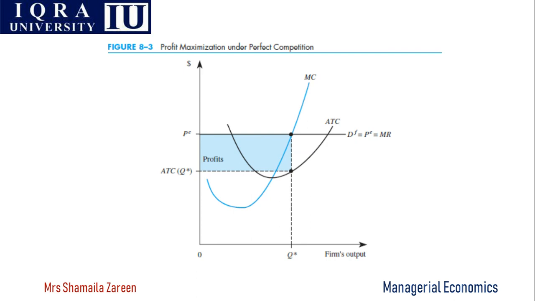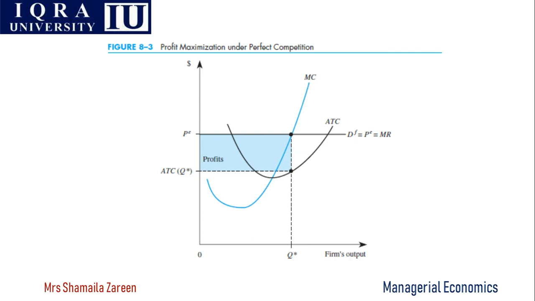For output below Q*, price exceeds marginal cost. This implies that by expanding output, the firm can sell additional units at a price that exceeds the cost of producing the additional units. Thus, a profit maximizing firm will not choose to produce output levels below Q*.